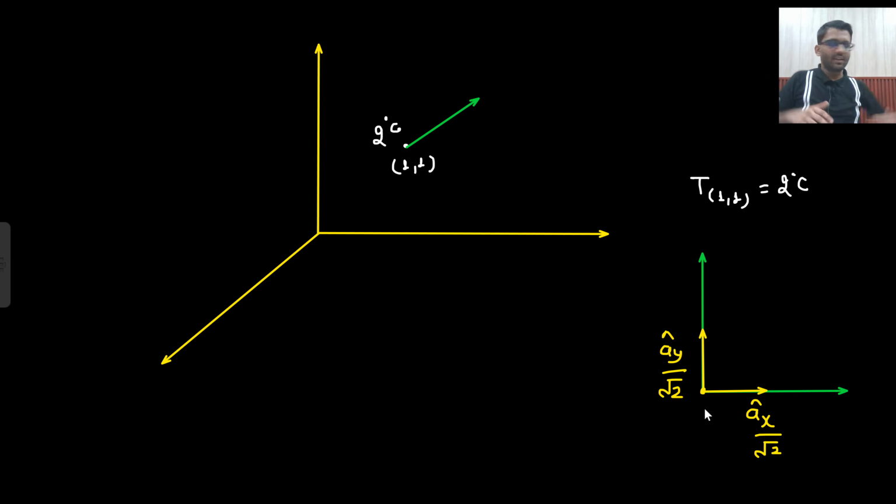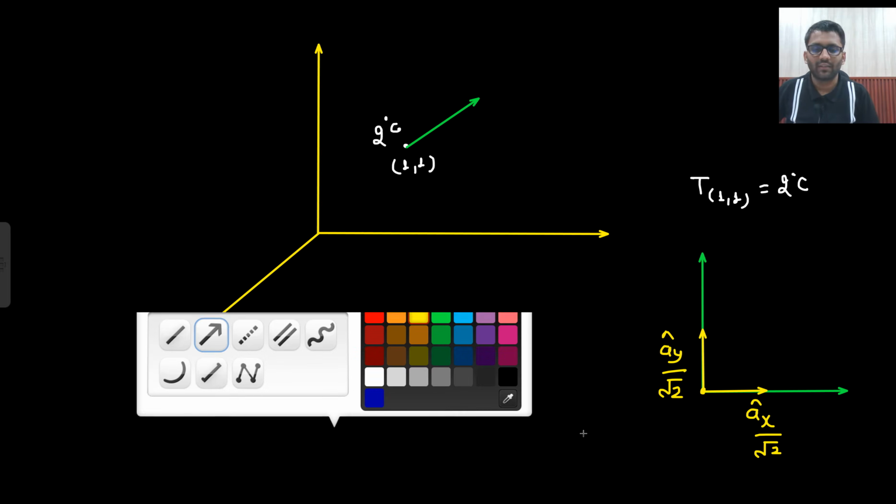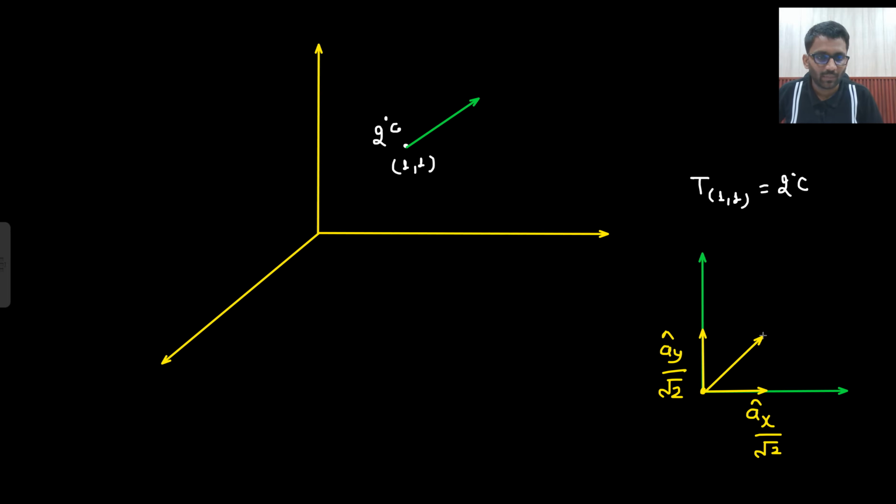I am standing here. One guy is pushing me here, one guy is pulling me here. Both are pulling me to their side with the same force. So where will I go? Right in the middle I will go, making an angle of 45 degrees because both forces are the same.